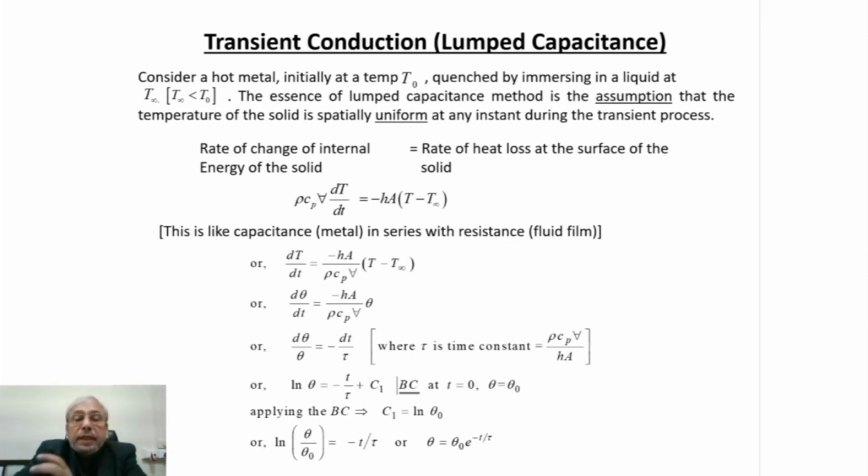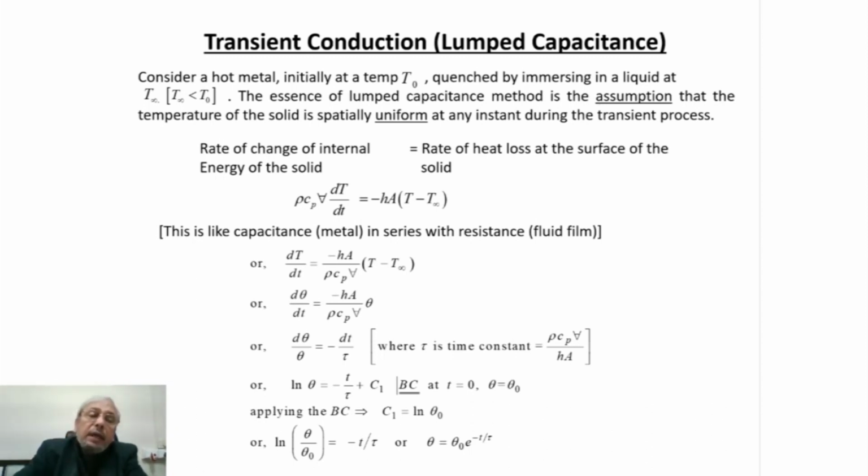Now, in such a material, we can perform the energy balance: rate of change of internal energy of the solid equals rate of heat loss at the surface of the solid.